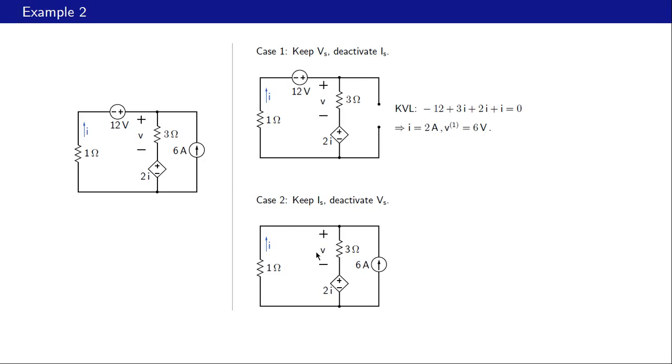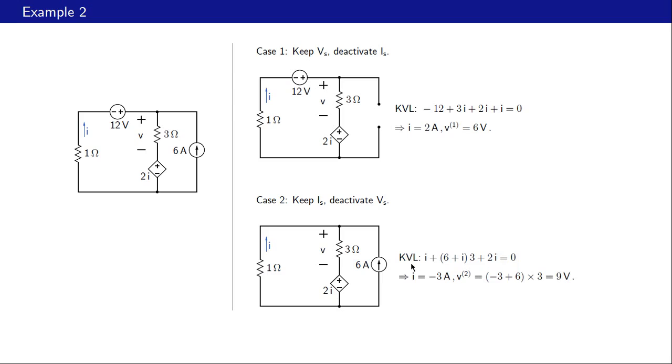There may be different ways of doing this. One thing that comes to mind is that this current through the 3 ohm resistance is I plus 6, and once we figure that out, we can write a KVL equation for this loop and then obtain I and therefore V.